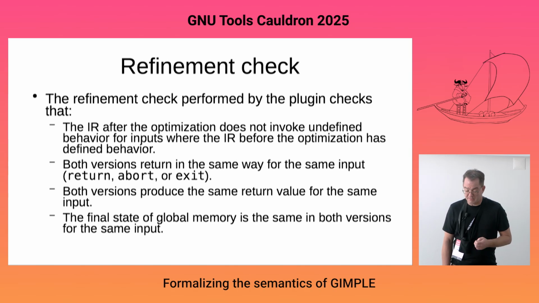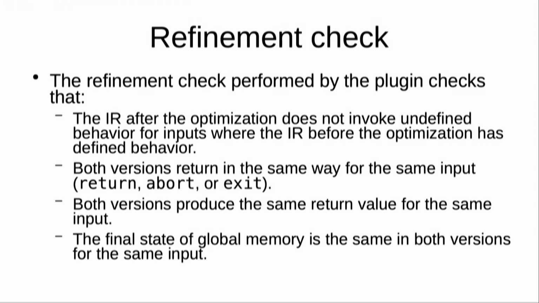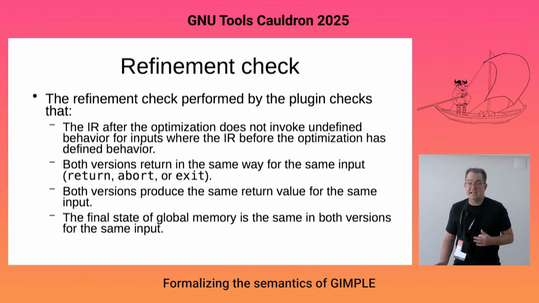In the same way, I mean, either return, abort, or exit. For returned values, I check that both return the same value for the same input. And finally, that all the global memory state is the same for an input regardless of which of the 2 versions you run.